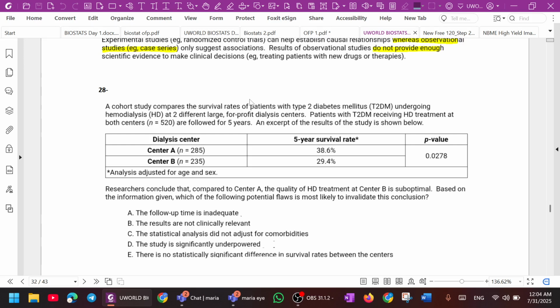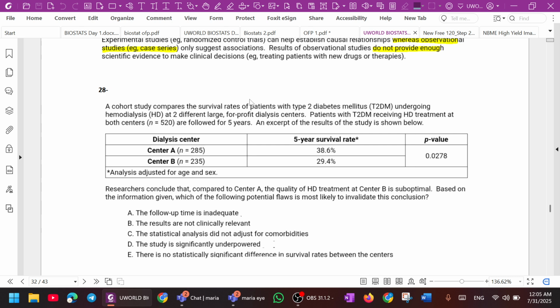The statistical analysis did not adjust for comorbidities. What does it mean? That it did not adjust for comorbidities. It means that some people may have diabetes plus other things, like hypertension or whatever, and other people may have just diabetes.